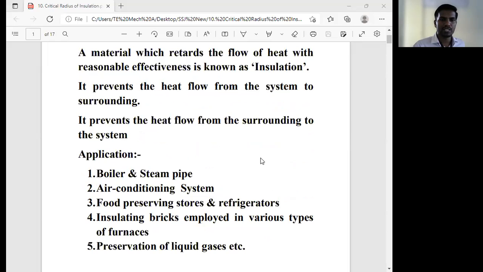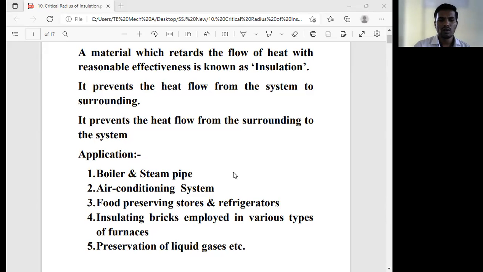Write down the applications. First one, boiler and steam pipe. Second one, air conditioning system.